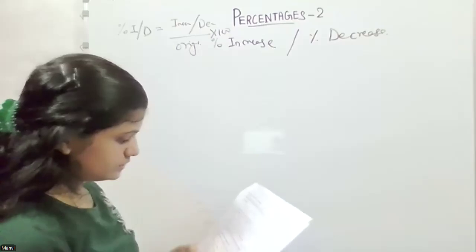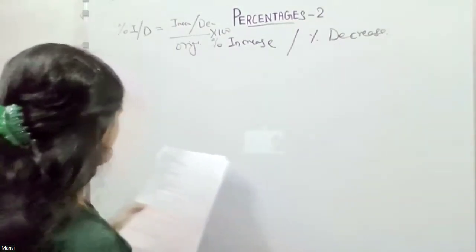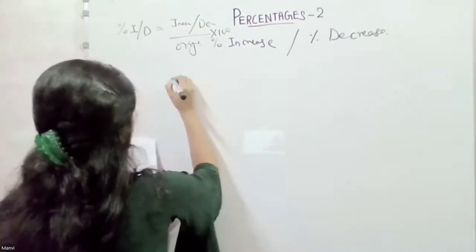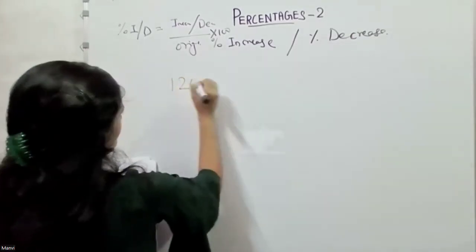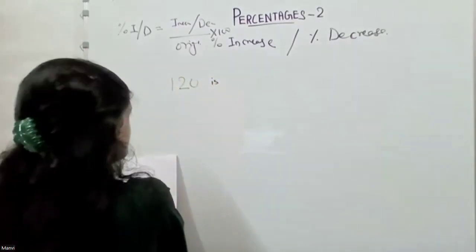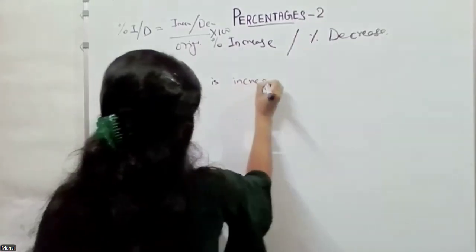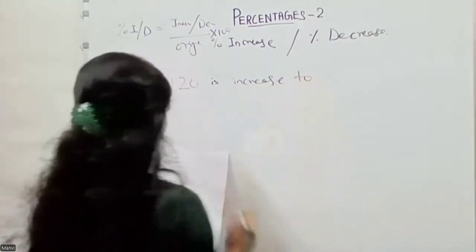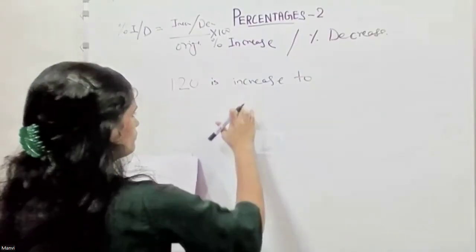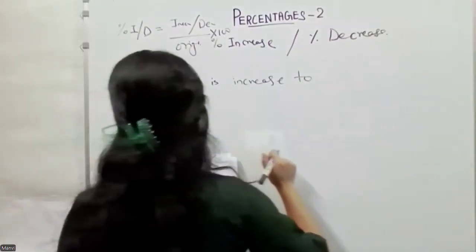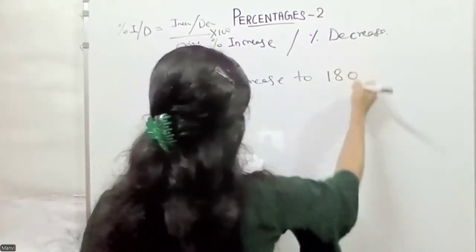Now, try to do one question based on this. 120 is increased to 180.